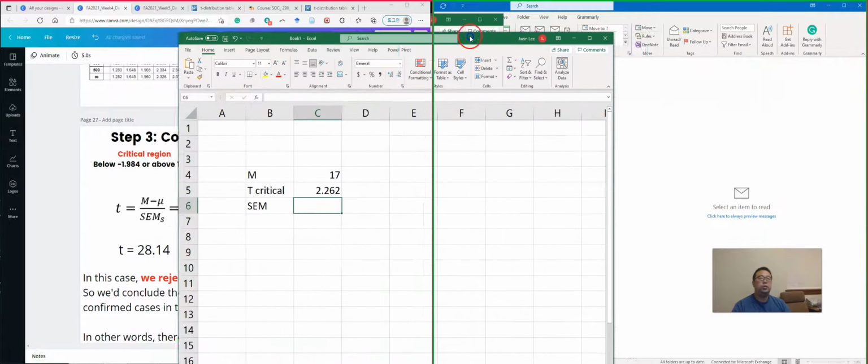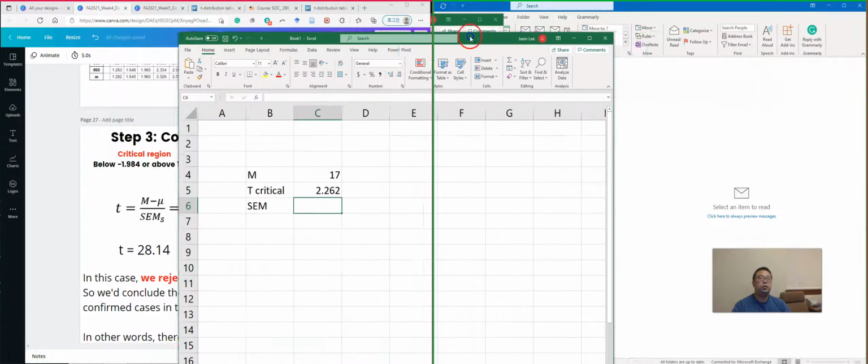The sampling error is standard deviation, here 5, divided by SQRT, which means square root, of the sample size, here 10, right? So that is 1.58 or something. Maybe we can decrease the decimal places like this. Alright, so by using the sampling error, we can calculate it.